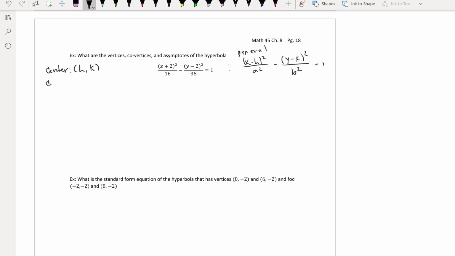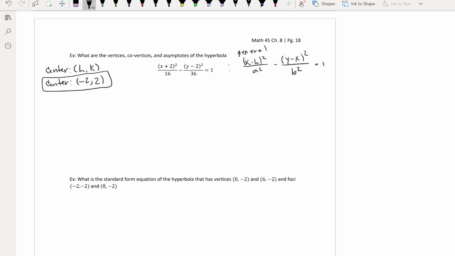So your center for this particular problem, well, since that h value is positive, it's going to be the opposite, so it's going to be negative. And here your y value is going to be positive. So now you have your h and your k. So I have my center. It didn't ask me for my center, but it's always a good habit to write your center.